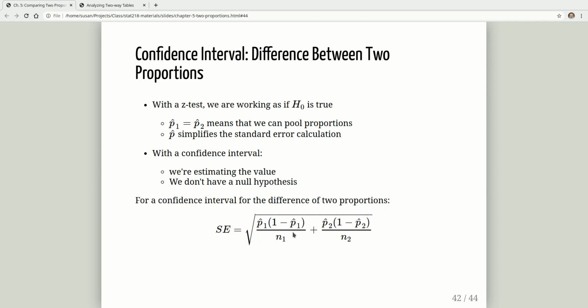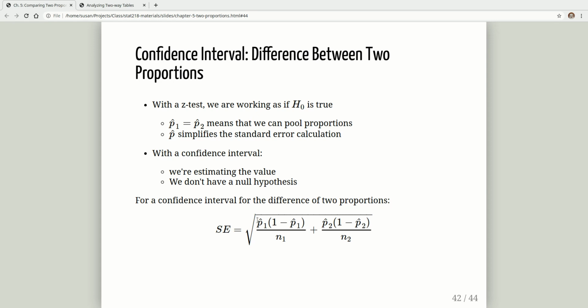This squared value, if you ignore the square root sign, is the variance, which is a measure of the variability for each of the two populations. You add those together and take the square root to get the standard error.